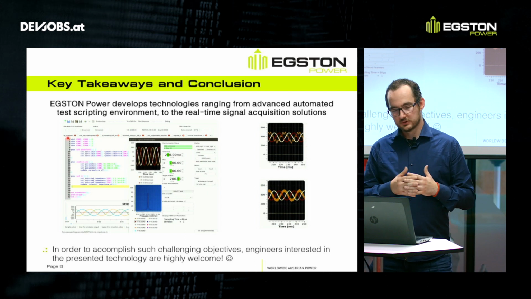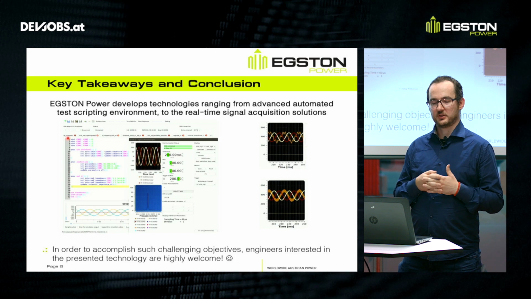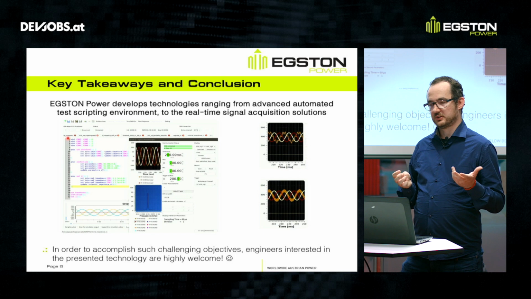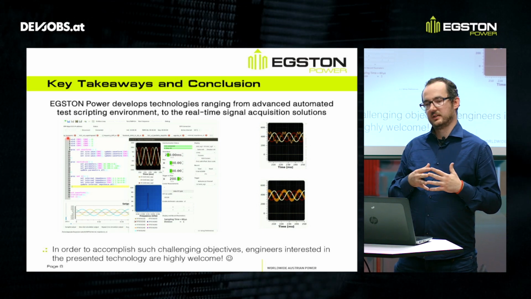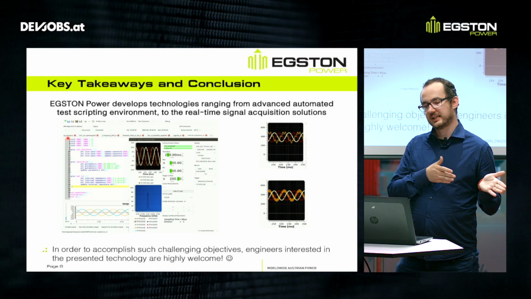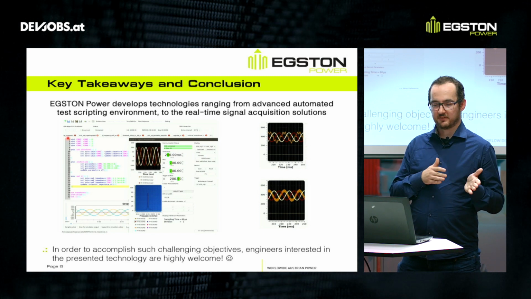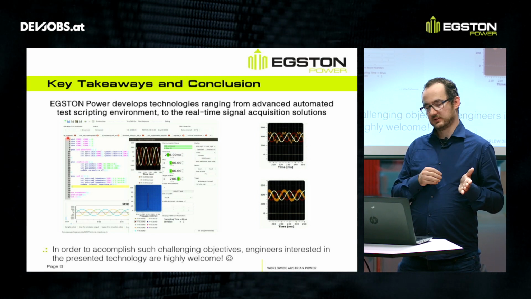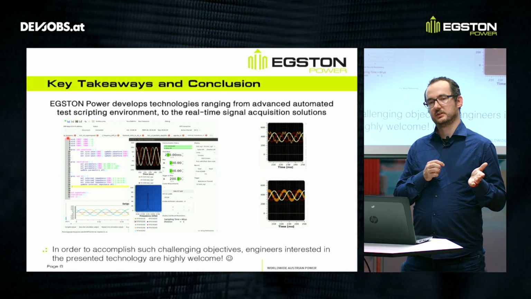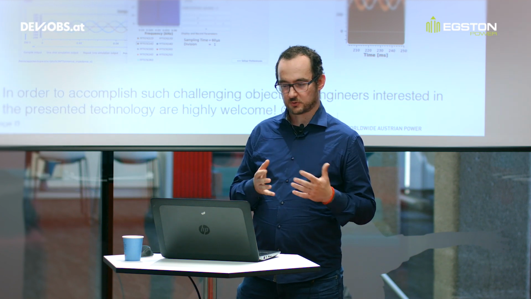If I could conclude, the message that I would like to convey is that EGSTON Power develops various technologies which cover high power power electronics test devices, automated solutions up to 1 megawatt, including signal generation in real time, but also signal acquisition in real time, meaning that the measured values can also be stored in real time.